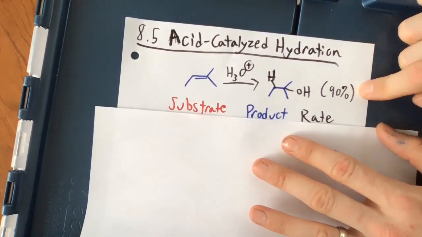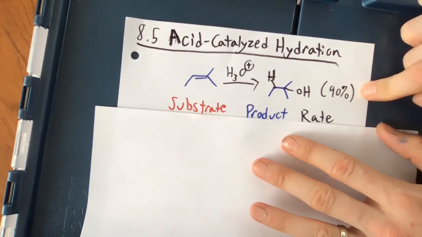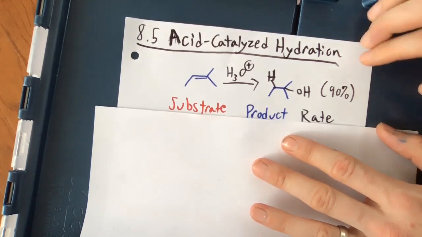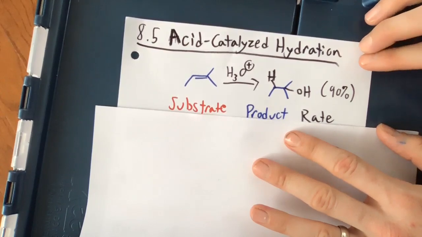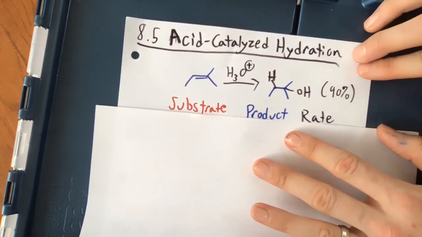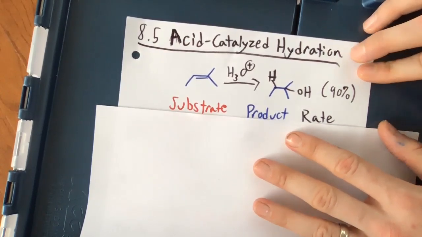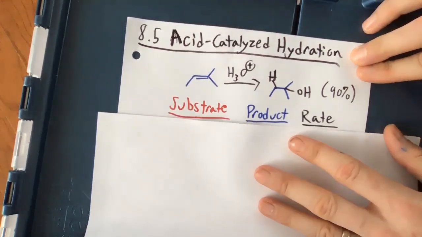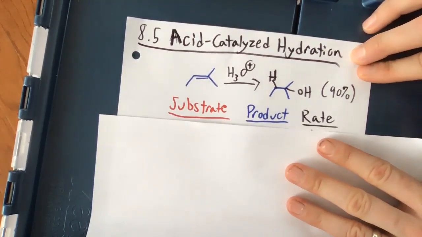And because this runs using the Markovnikov mechanism of addition, we know that the reaction rate can really depend on the carbocation identity. So take, for instance, this table that is present in your book as well.